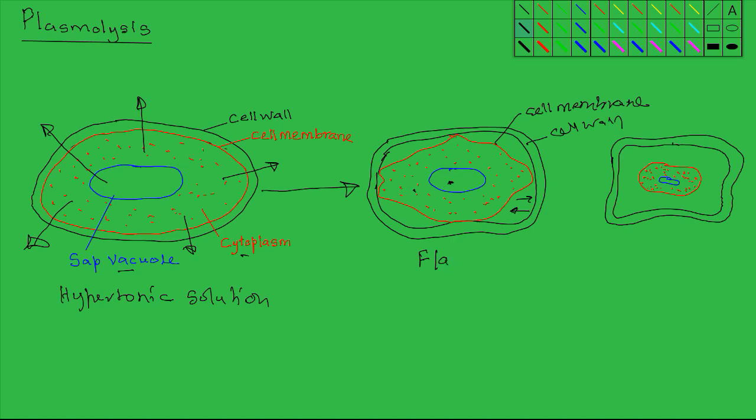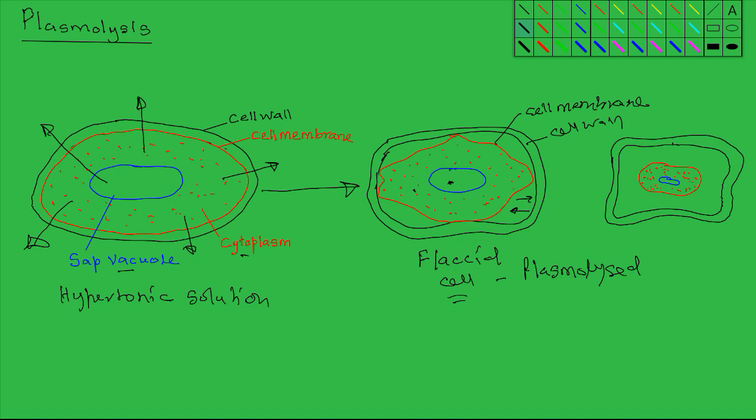Now, when the water loss continues, you have more and more water being lost by osmosis. Total plasmolysis is achieved, and this occurs when the cytoplasm shrinks so much that it just forms a spherical mass at the center of the cell.